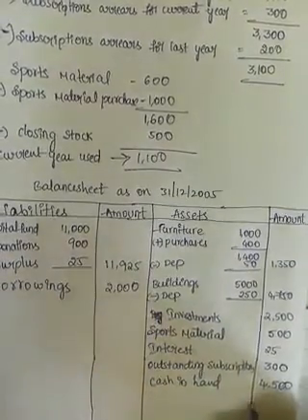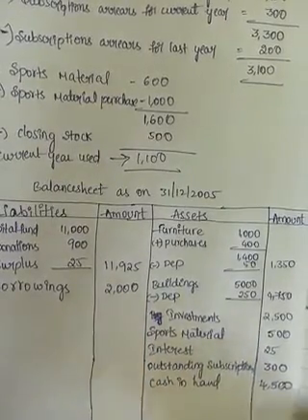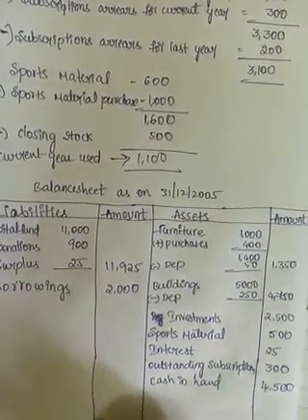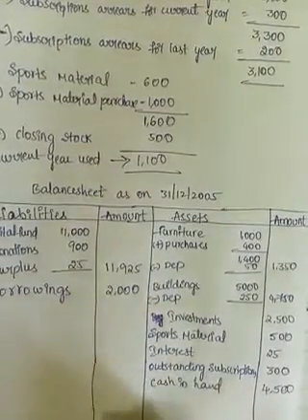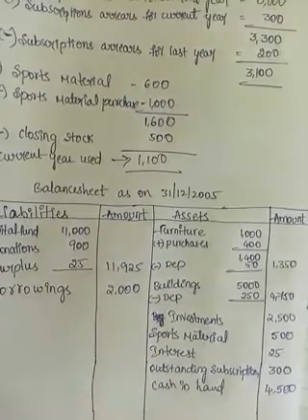Now do the total of the two sides. Liability side is 13,925.